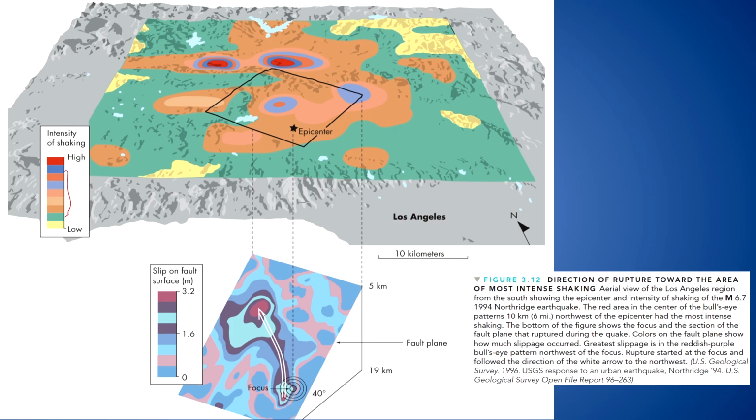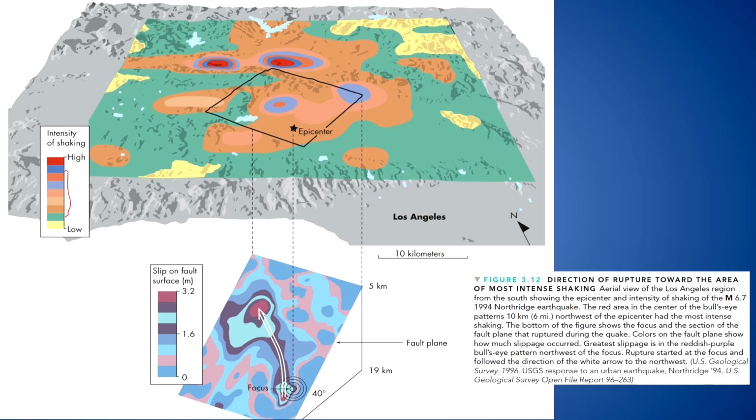So a microseismic zonation map includes the information of active faults, the source of the earthquake, plus the material, which we call the site effects, because that is going to talk about the site effects.